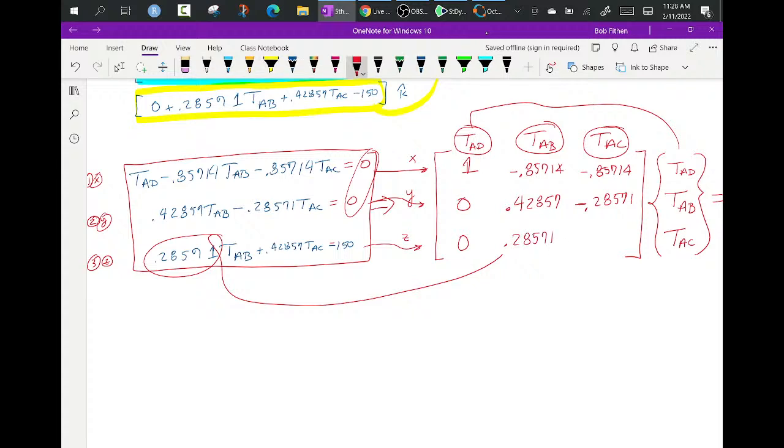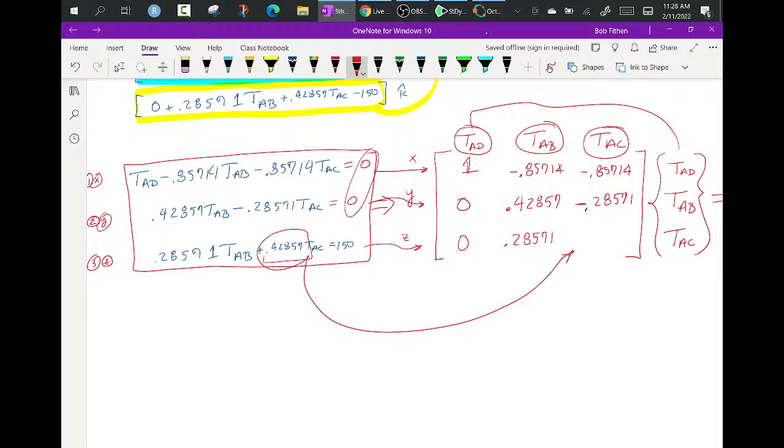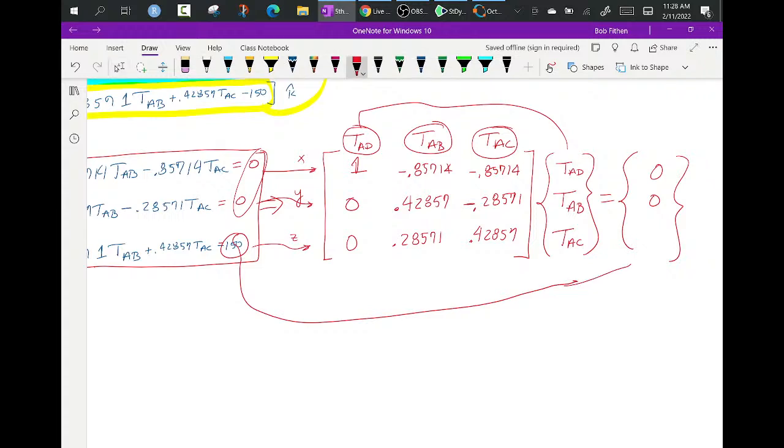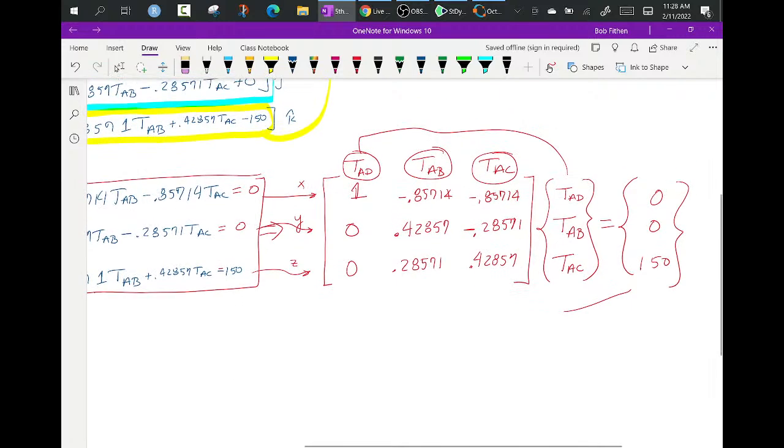And I hope I've been copying the numbers down. Coefficient of TAC goes up there, 0.42857. And then the right hand side goes over here, 150.